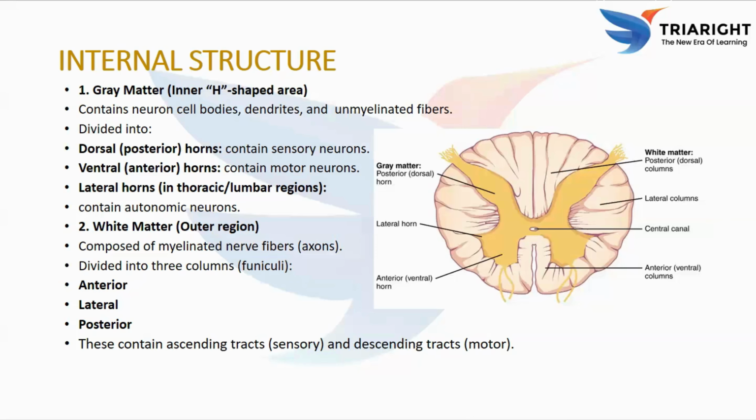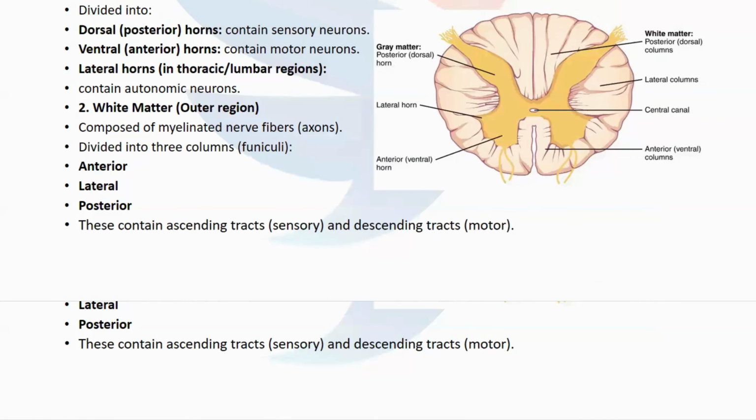So in a simple way, gray matter is a processing center, for example neurons. White matter is the communication cables, for example axon pathways. Together they help the spinal cord to receive, to process and also to send the signals between the brain and body, right?